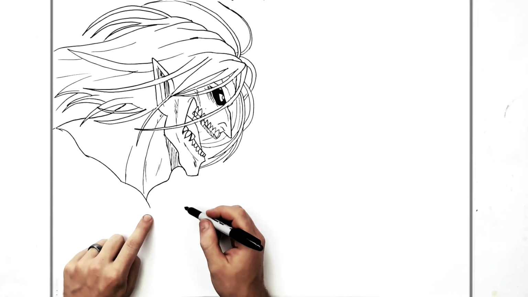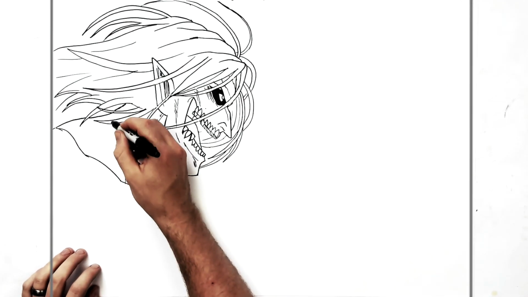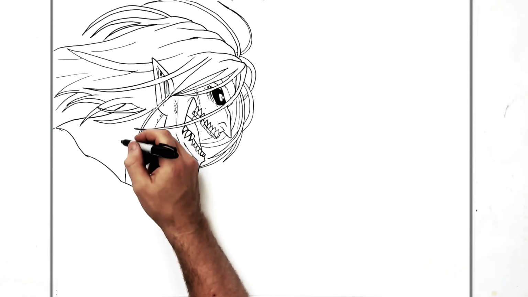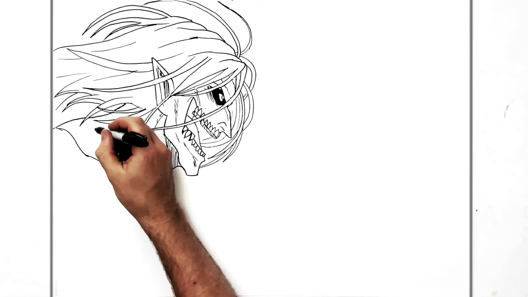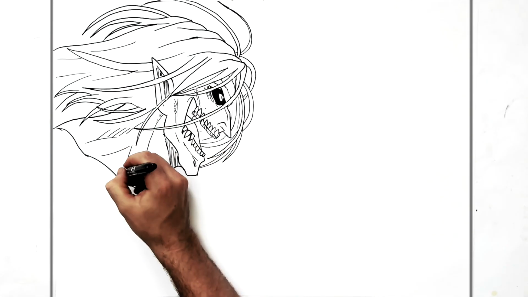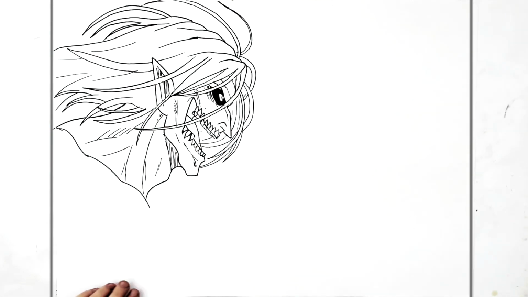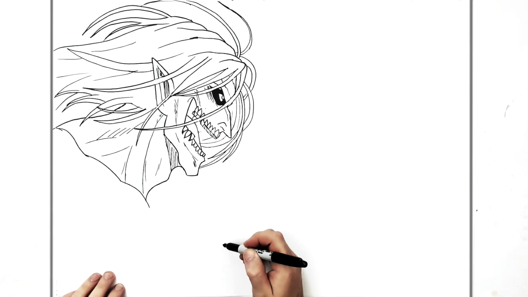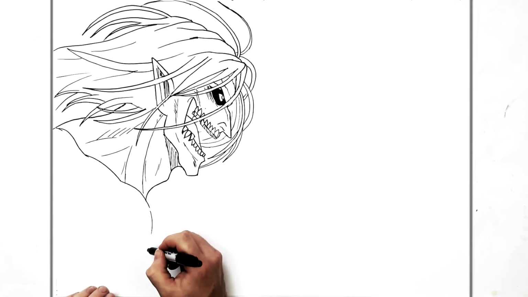So then center of his chest is here, but we got some extra neck muscle lines here. Like so. So center of his chest comes down this way, right?